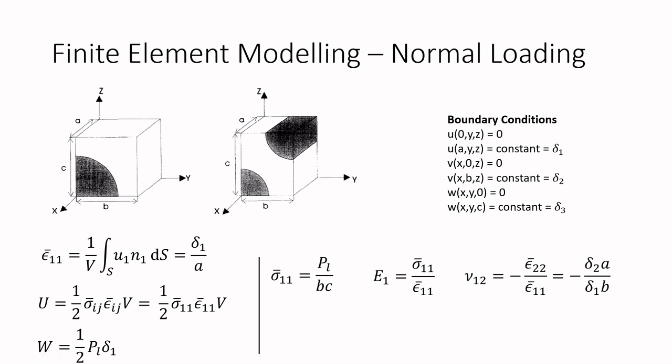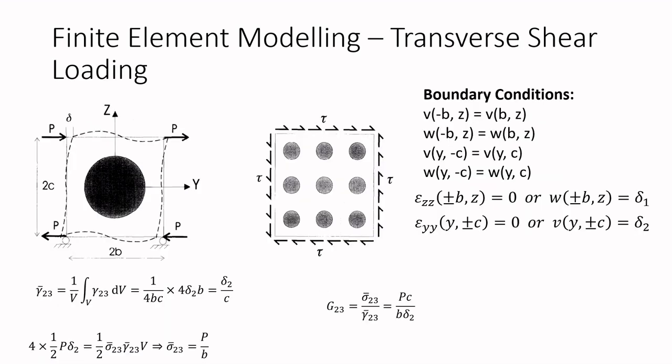So this is it for normal loading. For transverse shear loading, the stress field and strain field in the y and z direction have no dependence on the x direction. For that purpose, only a plane strain 2D geometry has been considered. In the earlier study, it was assumed that this will deform like a complete parallelogram, so that this face will always remain plane.